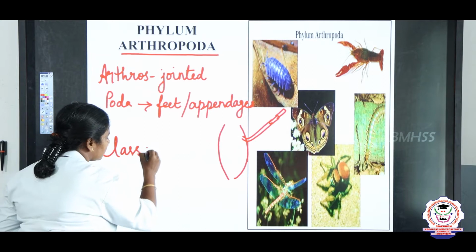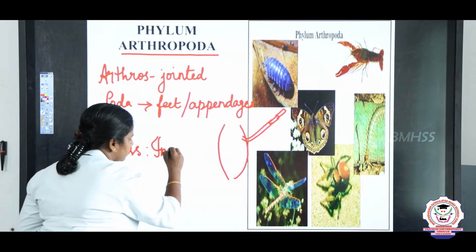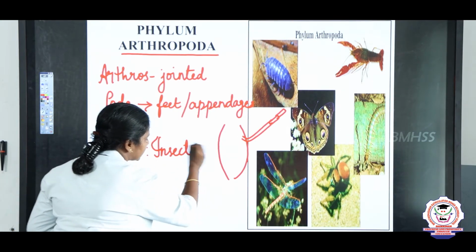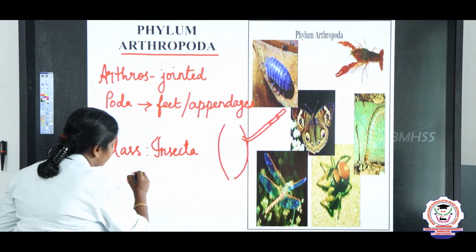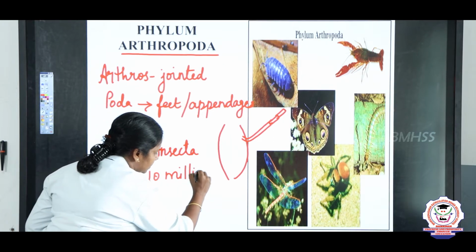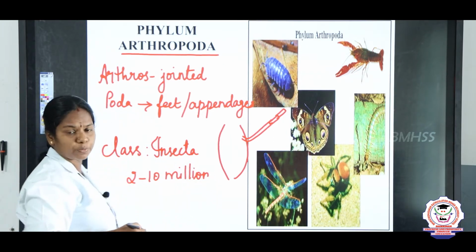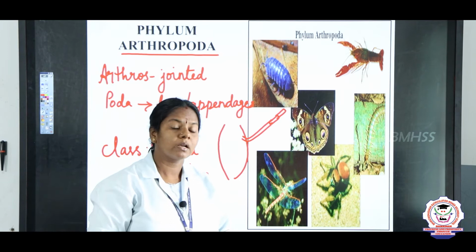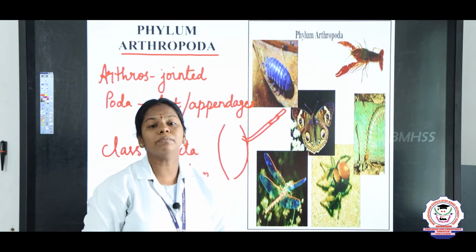Class Insecta alone possesses nearly 2 to 10 million species. So which is the largest phylum? Yes, very good, phylum Arthropoda.